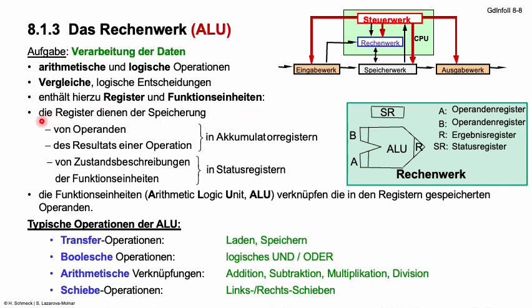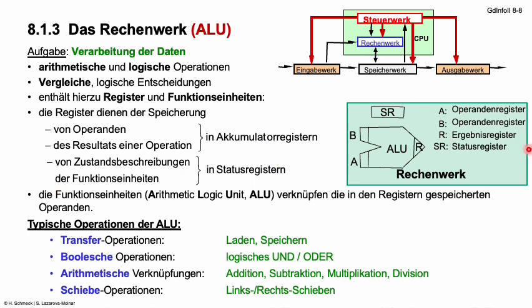The registers serve for storage of operands, of the results of an operation, or the state descriptions of the different functional units. The first two are known as accumulator registers, and then we have status registers.